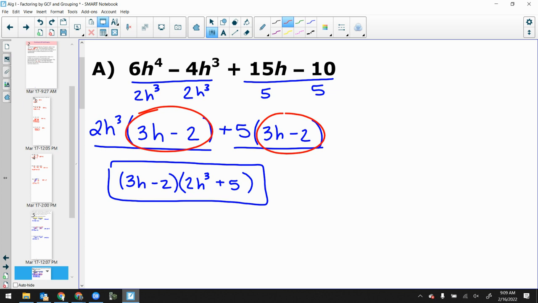If you go through the motions and you group and you recognize that in my two chunks I don't have the same parentheses, you stop where you're at and you write prime, okay? Because this had the same exact binomial in each part, I can continue on and actually finish off factoring by grouping. If these were not the same, you would stop in your tracks and write prime. Let's do another one.